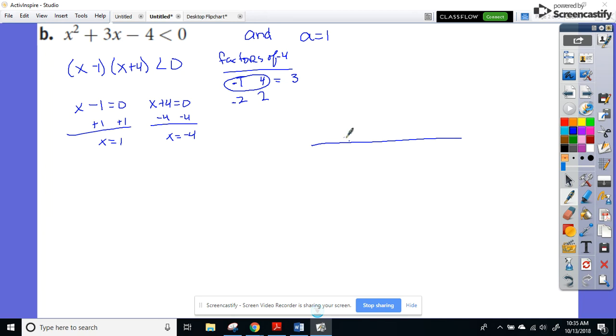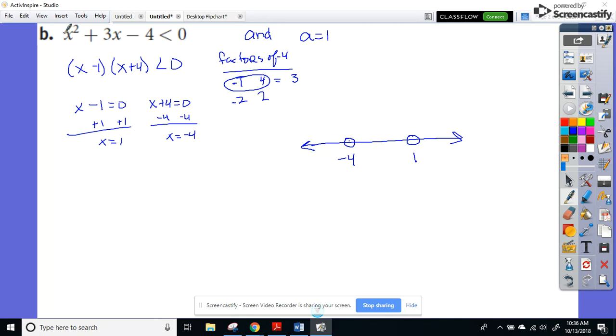This is less than, so it's an open circle, -4, and 1. I'm not worried about scaling because I'm just putting two numbers on the number line, so any scaling will work. If you want to do other values and show me where they are, that's fine. I'm just going to do the two zeros.